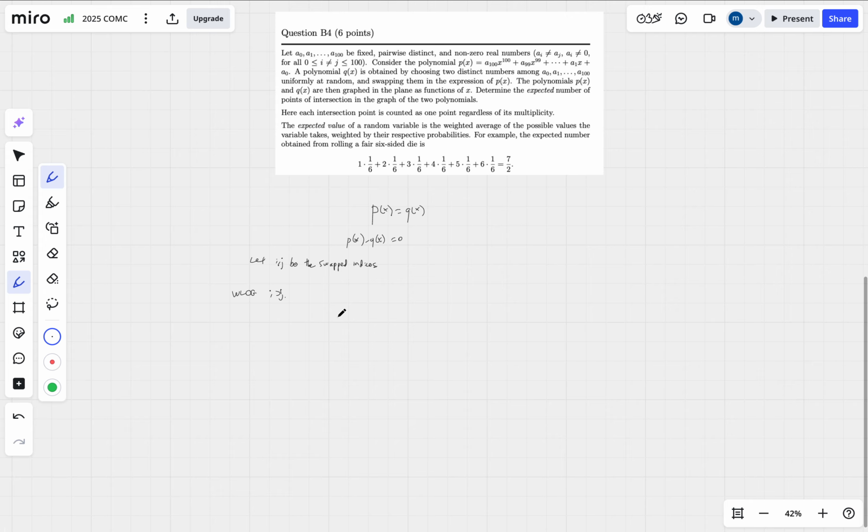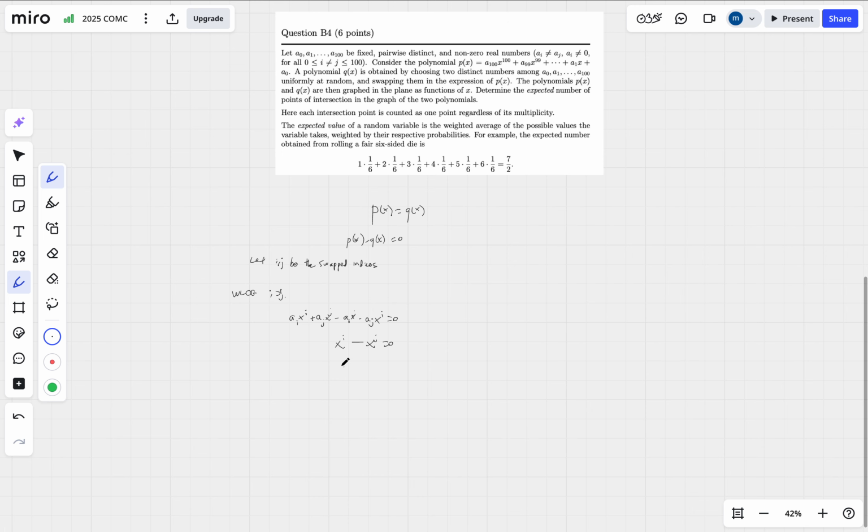So we can rewrite this as, here we can factor, and since we know that the a's are distinct, it means that x^i minus x^j equals 0.